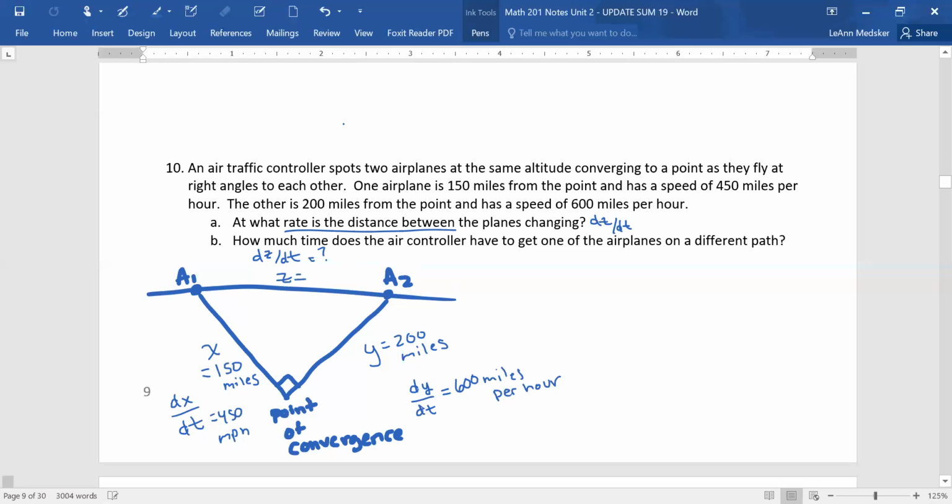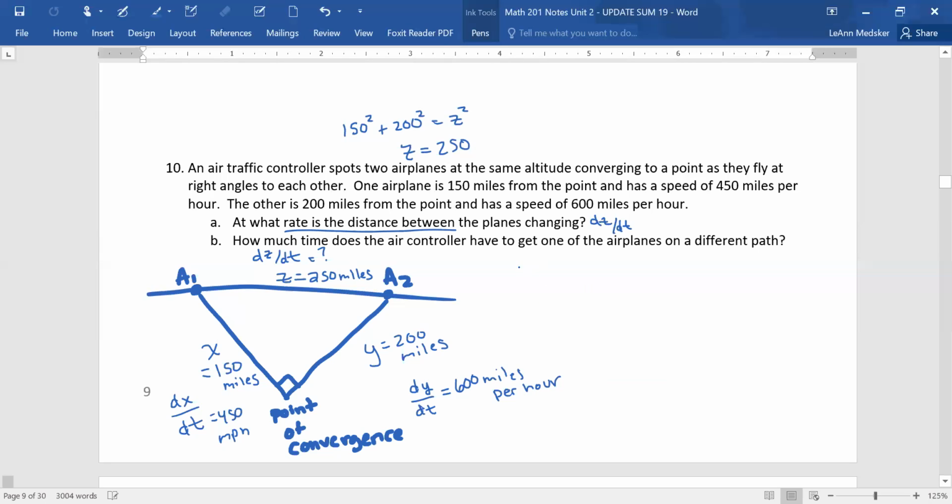So we can use the Pythagorean theorem, and we know both legs to find z. So that's x squared plus y squared equals z squared. And when I worked this out, I didn't write all my numbers down earlier, but I'm just going to tell you what this comes out to. It comes out to a perfect square when you take the square root, and it's 250. So currently the two planes are 250 miles away from each other.